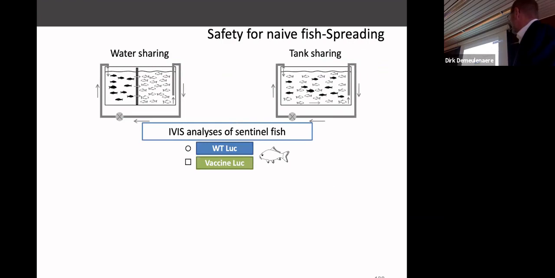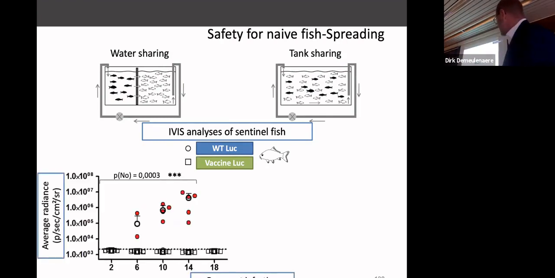So, a difficult figure: the little circles represent the wild type virus, the squares represent the vaccine. Let's see first the results of the water sharing, so just transmission through the water. It's quite impressive. All the squares are below the cutoff.